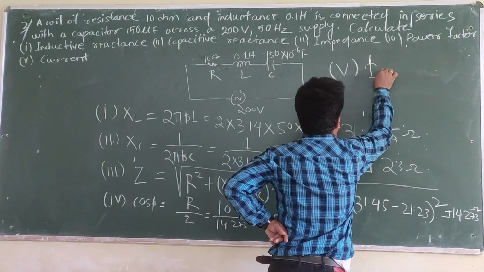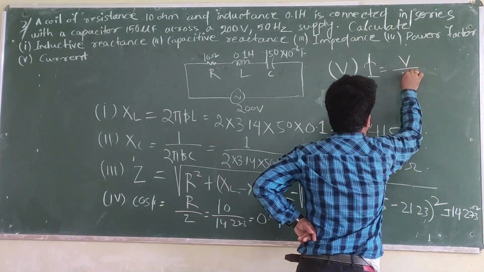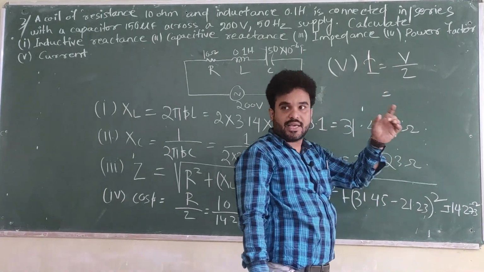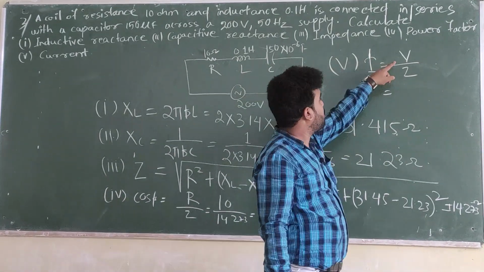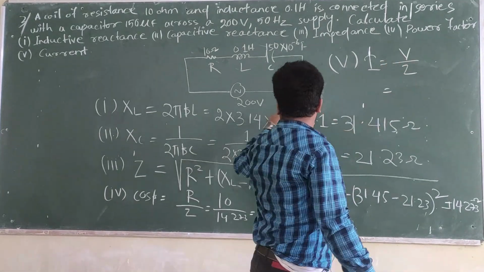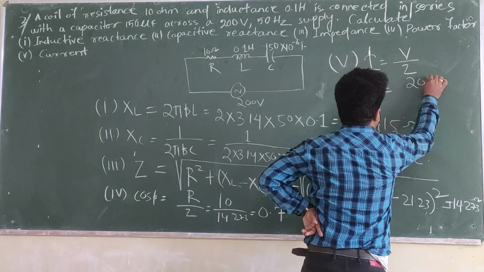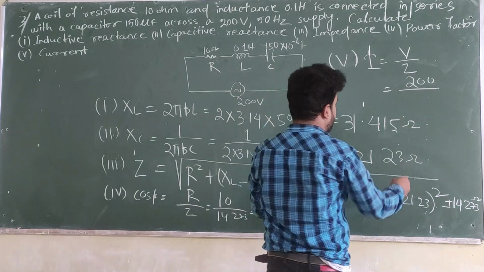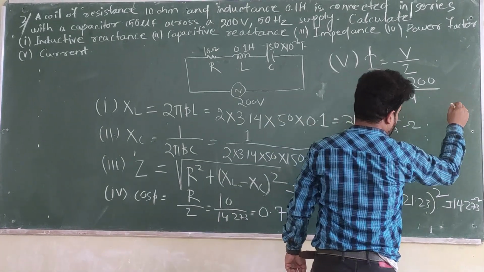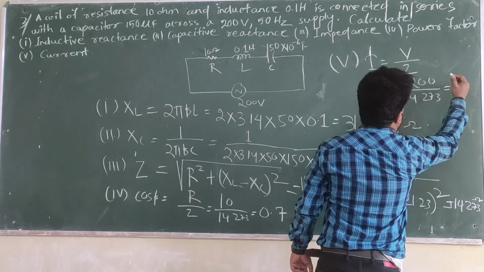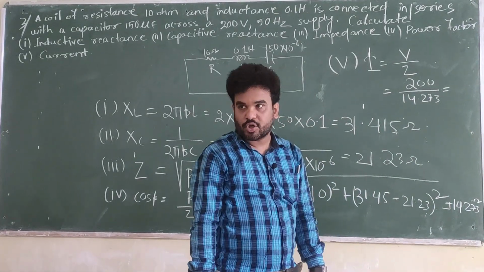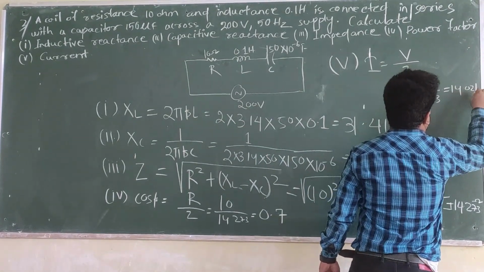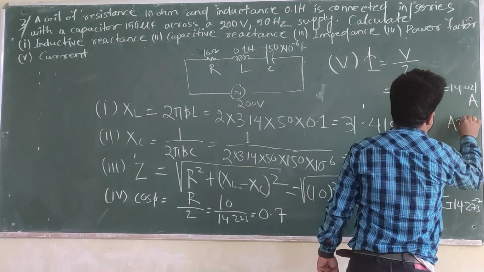Current I is V by Z. If it is a resistance or DC circuit, it will be V by R. It is an AC circuit and RLC is there, so I is equal to V by Z. V is 200 volt divided by Z, which we already found, 14.273. The answer is 14.021 ampere.